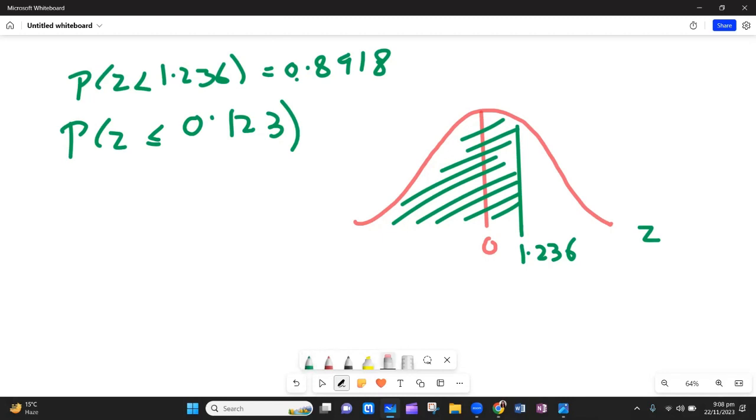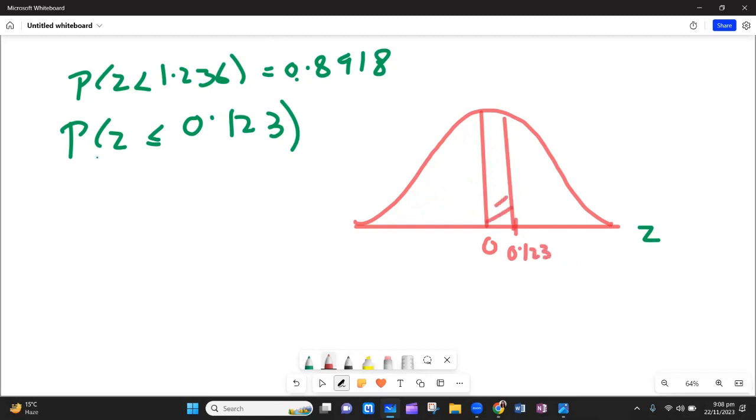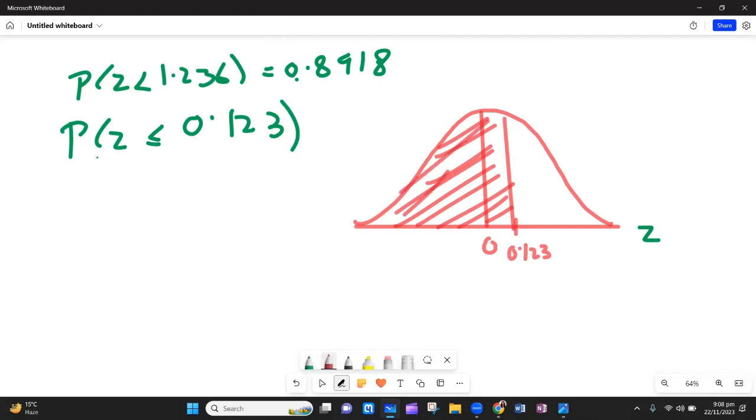So we have to find the probability the random variable Z is less than 0.123. So 0.123 would be somewhere over here, very close to 0. And you have to find this probability. So basically, we're finding phi of 0.123.